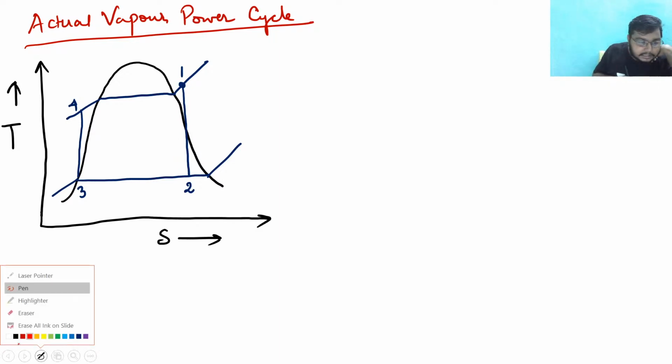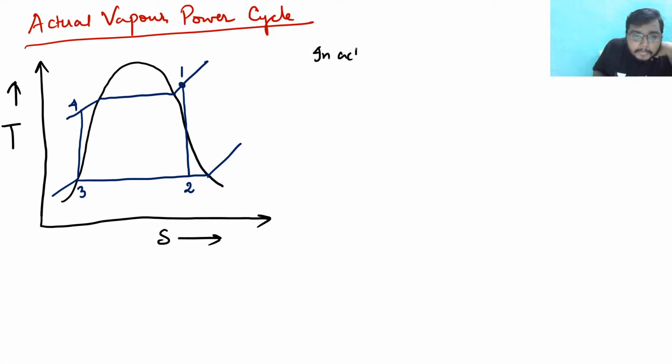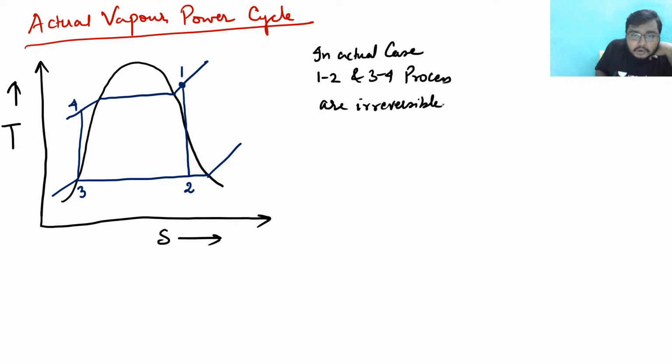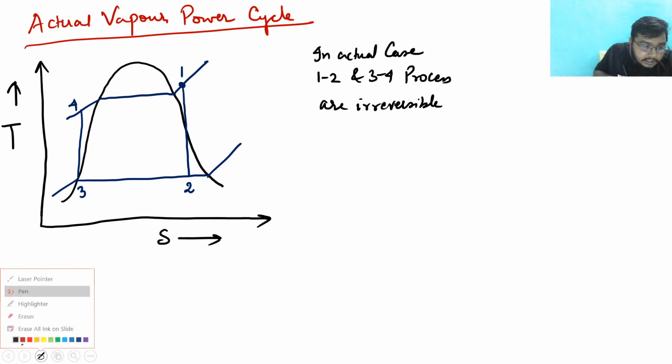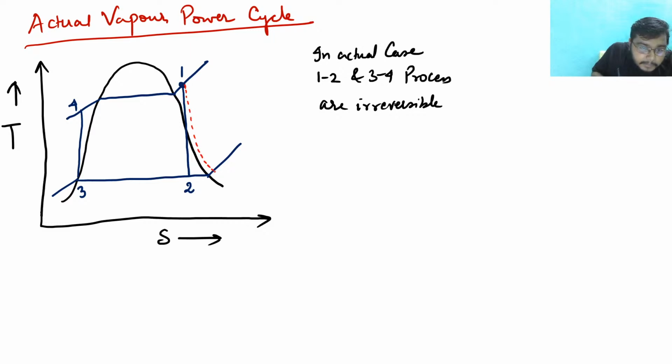But in the actual case, the 1 to 2 and 3 to 4 processes are irreversible in nature, not reversible, and hence in reality the 1 to 2 process looks like this, somewhat here, which is known as 2 dash.